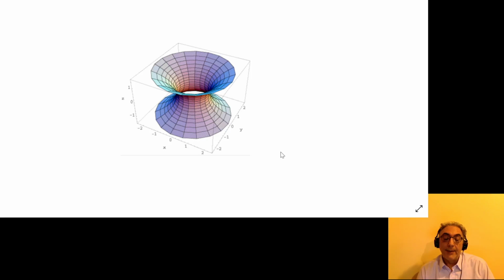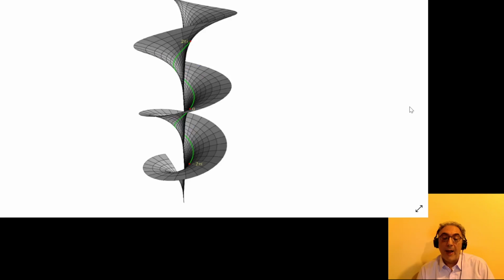The fact is that all the distances along the catenoid are locally equal to all the corresponding distances along the helicoid.